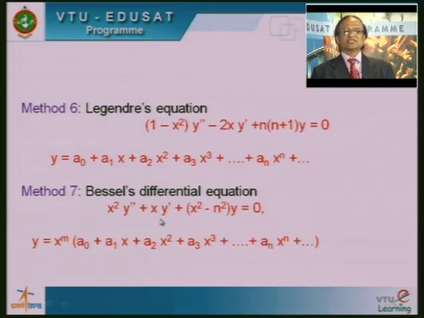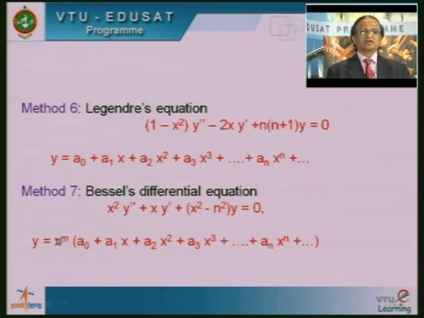You observe that all the coefficients are variables, right. It means the given equation is in this form: x square into y double prime plus x into y single prime plus x square minus n square into y is equal to 0. Then you can assume the solution is in this form.